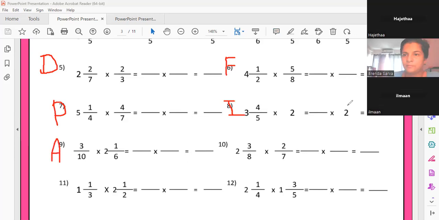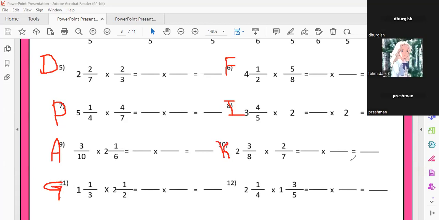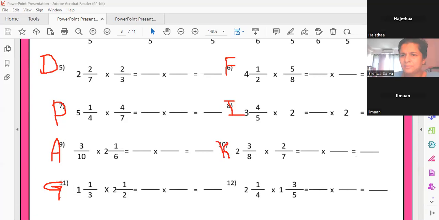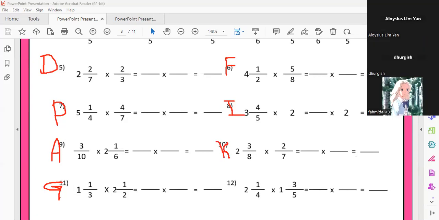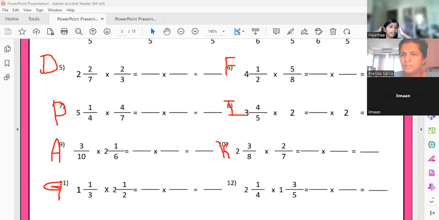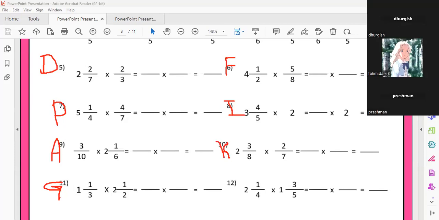Okay, who else do we have? Hajita, do number 10. Gideon, do number 11. I think he'll join back. Who else is here? Where is Kyle? Kyle didn't come. Do I have everybody now? Hajita, Ilman, Aloysius, Durgesh, Famida, Prishman, and Gideon. Gideon will come back again.